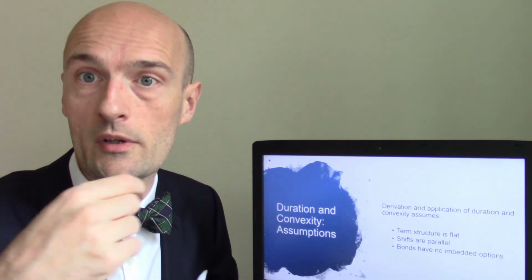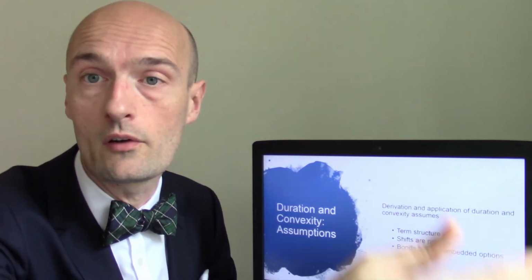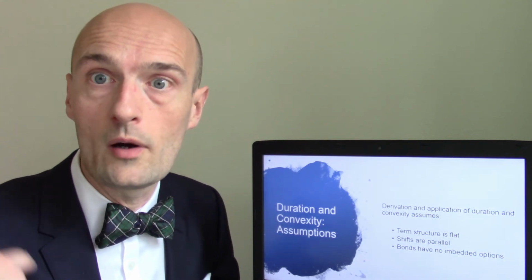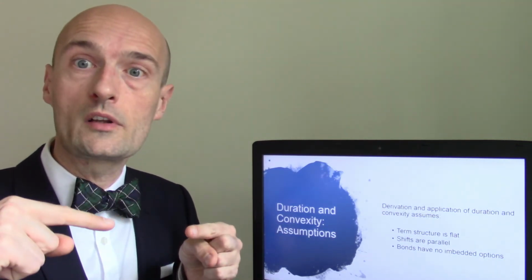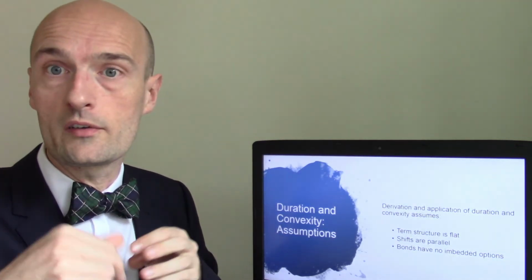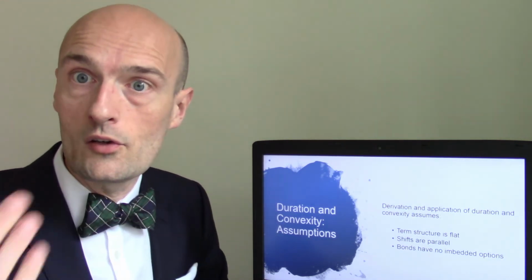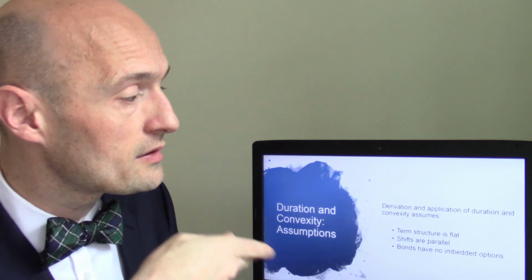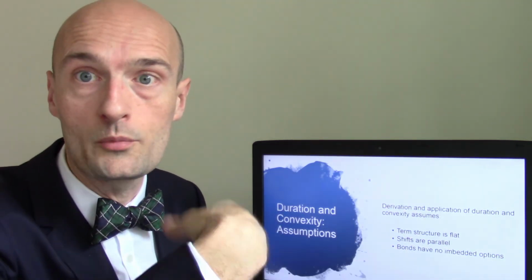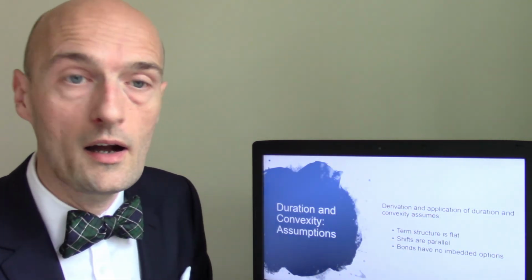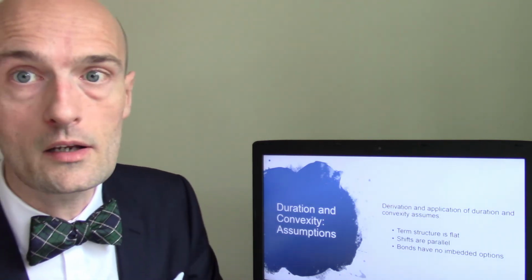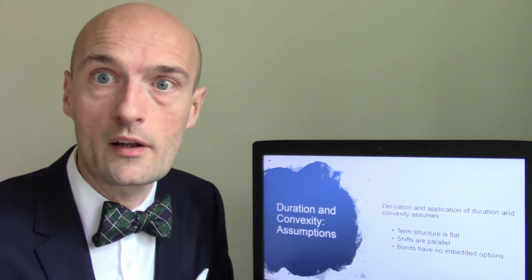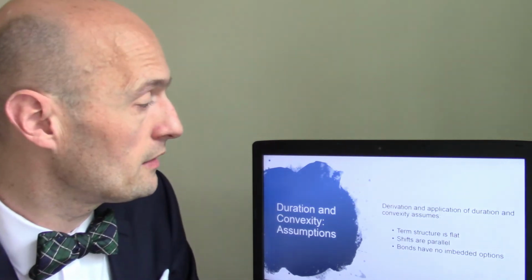The 1-year rate will be different than 2-year, 3-year, 4-year, and 5-year rates. But if we're saying that interest rates move up by 1%, we're assuming that they all move up by 1% rather than that there's any sort of change in the curve. And we also assume that bonds have no embedded options in order to do this calculation, and that relates to the prior slide where I explained about negative convexity and so on.